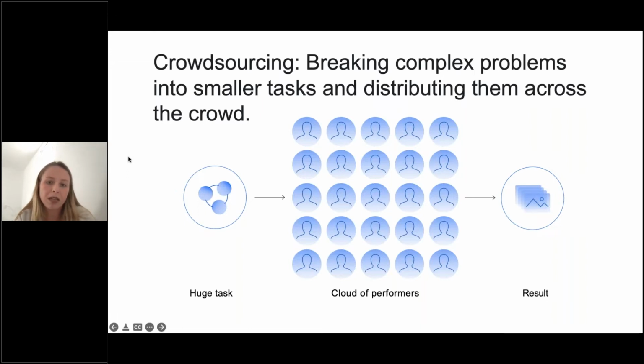It's basically breaking complex problems into smaller tasks and distributing them across the crowd. On this image, you can see that we have a big task, and it's broken down into smaller pieces. We have a crowd of performers who are able to complete those tasks. And then we have some form of aggregation to get our final result.